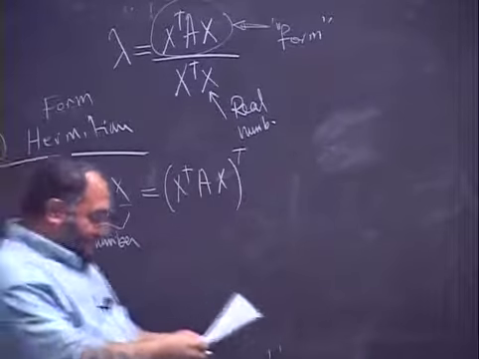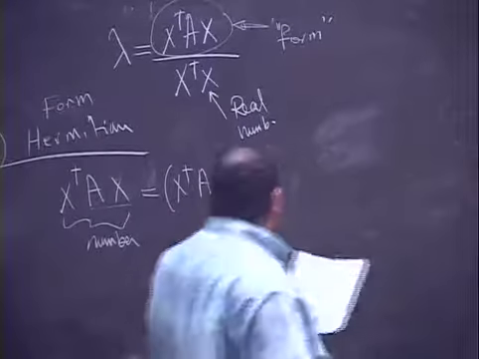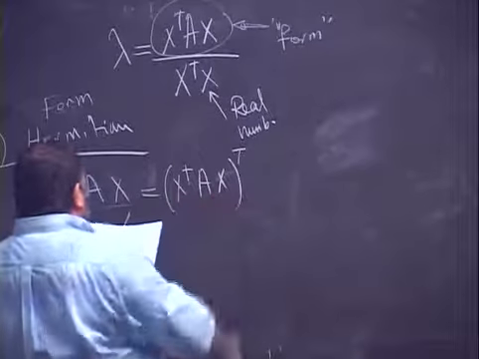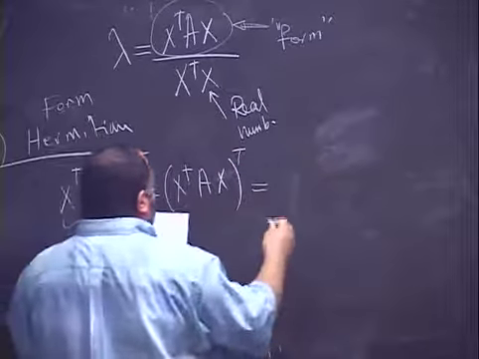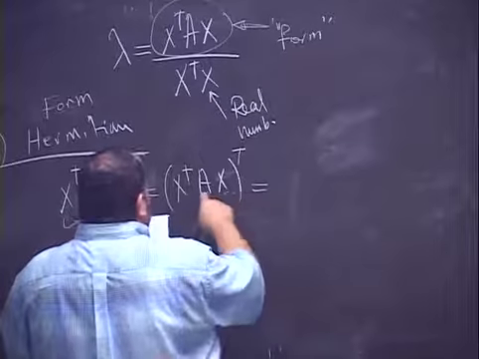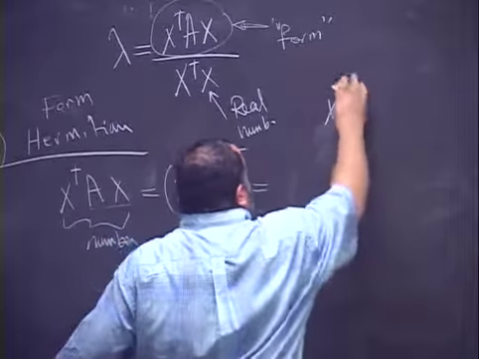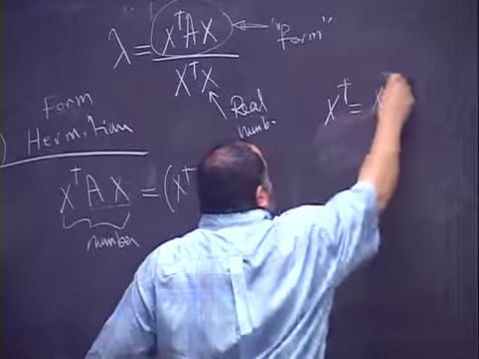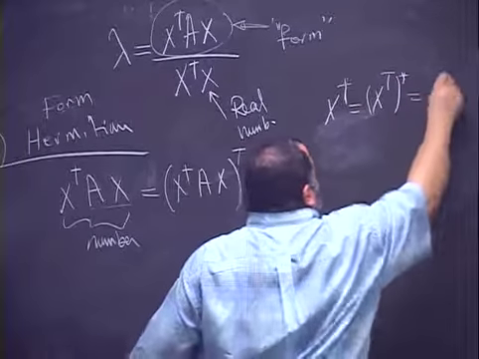So now, A adjoint multiplied by A multiplied by X. Now, if you apply the transpose property, this will be what? X dagger is just equal to X transpose, and then this.